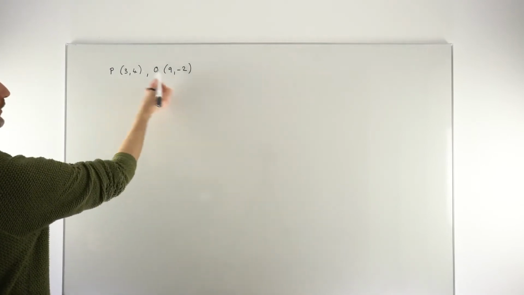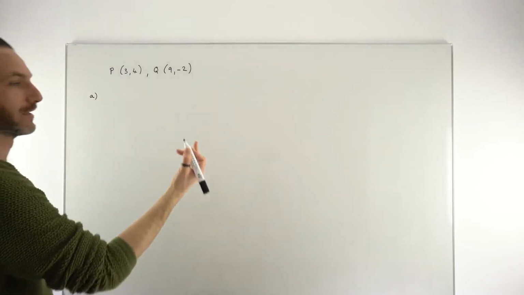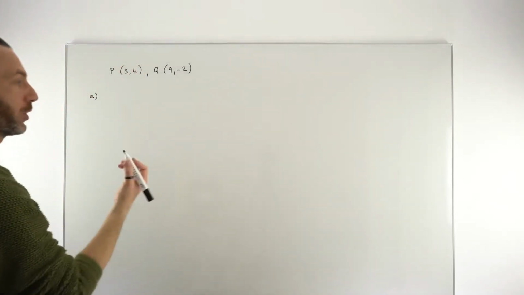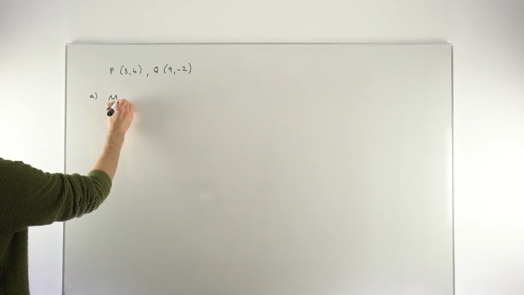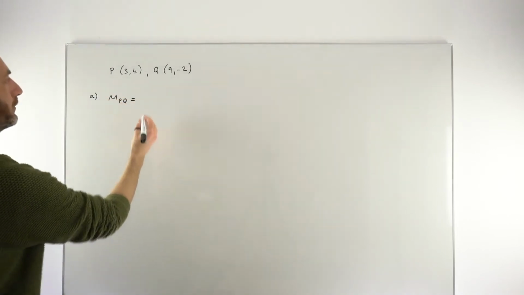So we're going to start by making the gradient of the line P to Q, and then we're going to use that to help us get the gradient of the line L1, because they're perpendicular. So gradient of P to Q first. There are quite a few parts in this question, so we've just got to take them one at a time.